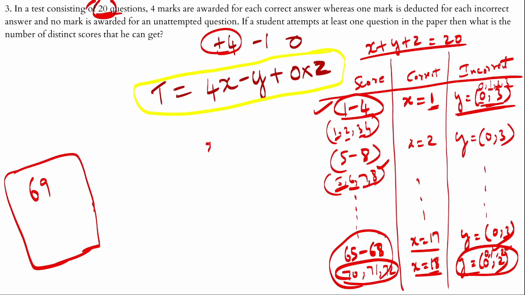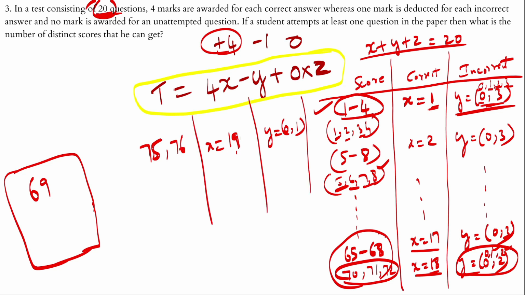If x is equal to 19, then y must be 0, 1, and the score will be 75 and 76.